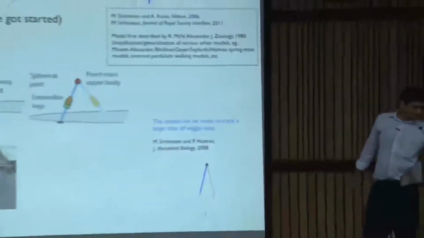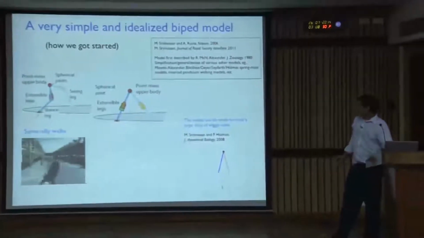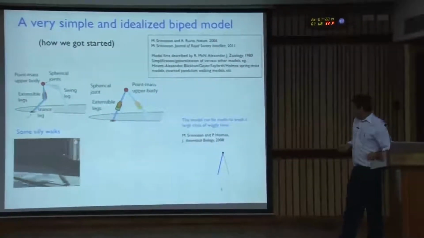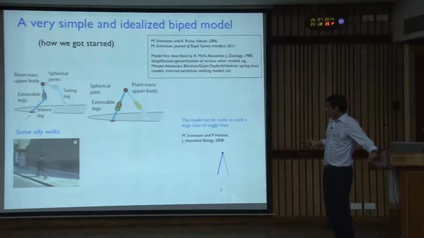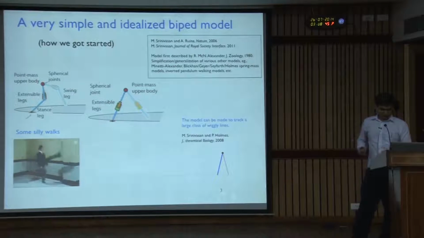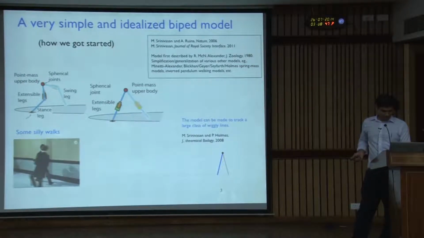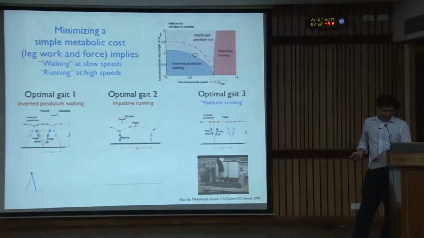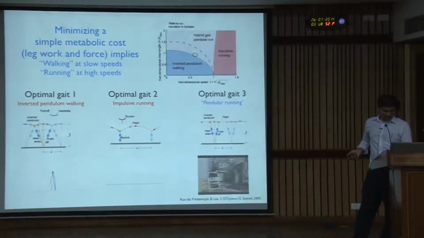For instance, I showed the optimization calculation using a point mass model with a leg with a telescoping actuator. Everyone thinks this is a damper. This is not a damper. This is a telescoping actuator, which means that it can produce forces arbitrarily. And it produces some optimal gaits that I showed last time that look like this.